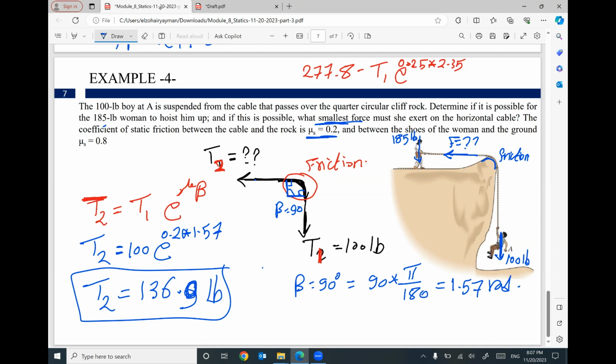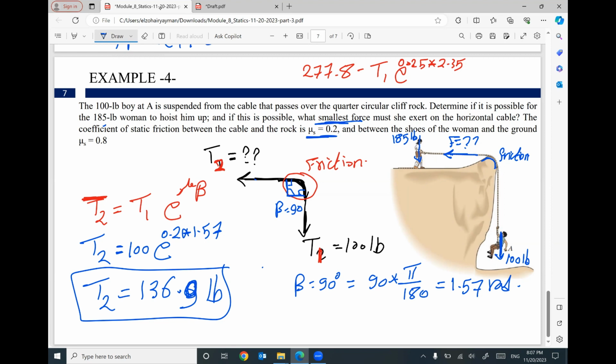And we need the smallest force, which must be horizontal. Yes, the coefficient of friction, and between the, I don't care about the woman. The question is, we are missing something, but the question is, do you think this woman will slide? Yes or no?